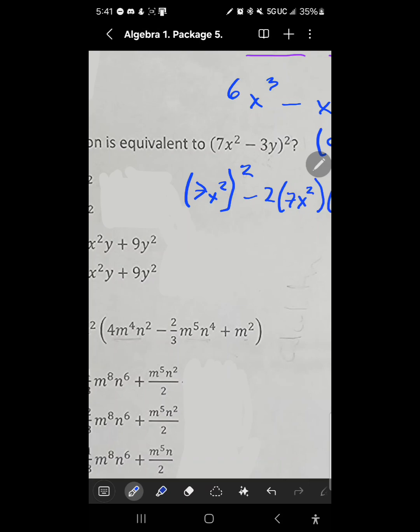Now we do the multiplication. We have 7 squared is 49. Now x squared times x squared is just x to the 4.